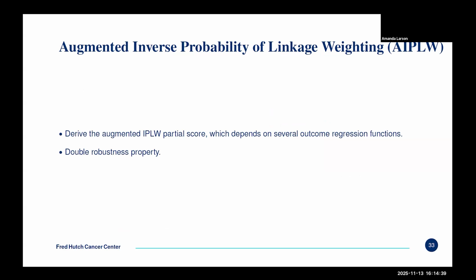So we derived it for completeness, but for implementation, we actually went with the IPLW method. Sometimes we can still play with the augmented IPLW method, but it's not that simple to correctly specify all the components in this method.